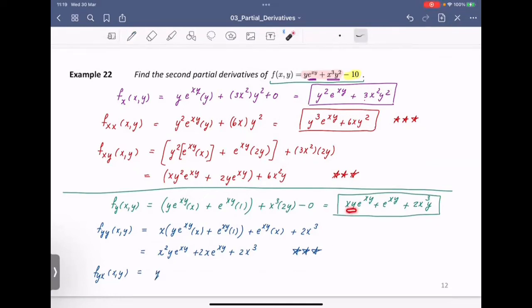So y here is constant. So it means I need x, I need e to the xy, and then I have y here, I have x e to the xy. I need the product rule, right? So it's going to be x e to the xy times y, and then plus e to the xy times 1.